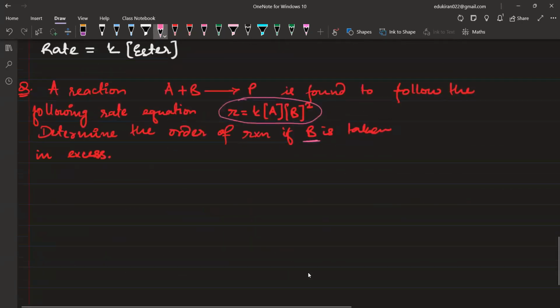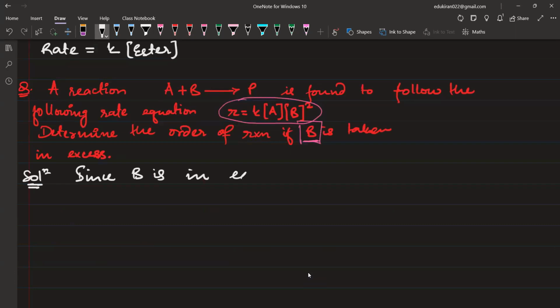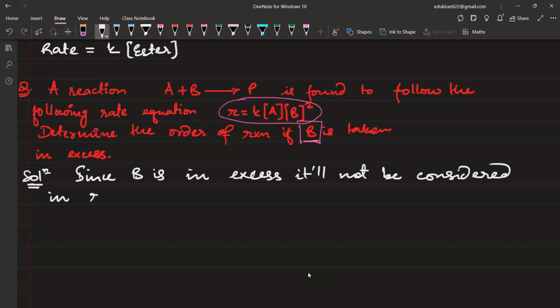तो यहाँ पे हमने किसको लिया हुआ है एक्सेस में? B को लिया हुआ है, and we are not going to consider B in the rate equation. Since B is in excess, it will not be considered in rate law expression.